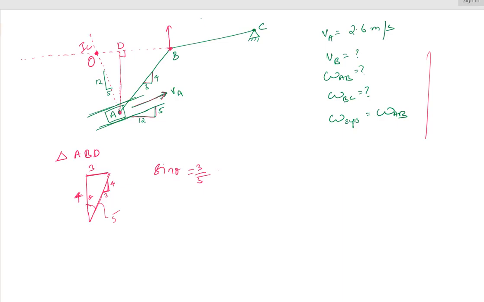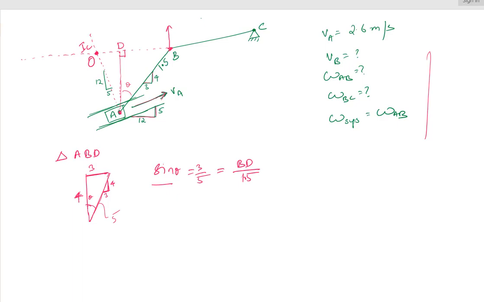Now if you look at it in the context of this triangle ABD, sine theta is BD over AB, and AB is actually given as 1.5. Sorry, forgot to mention that. So this is 1.5.